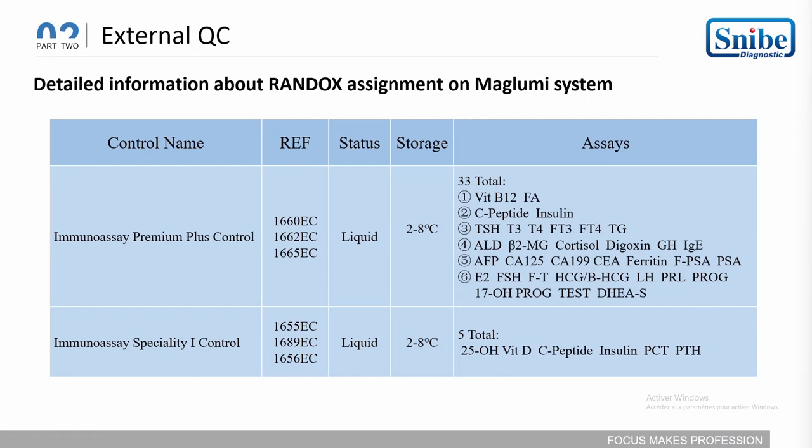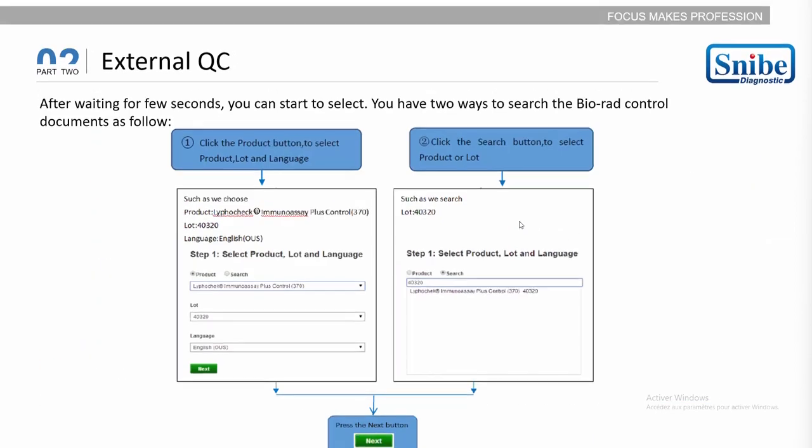So it is about 90 parameters that have third-party quality control. If you are using these parameters, you can use the third-party quality controls.